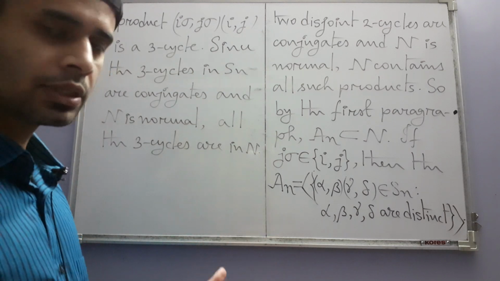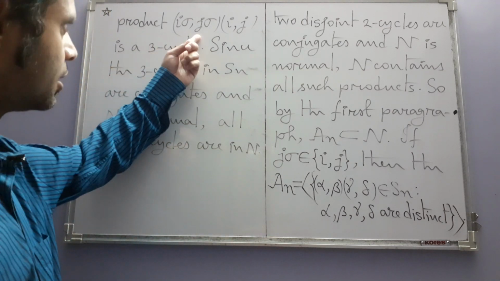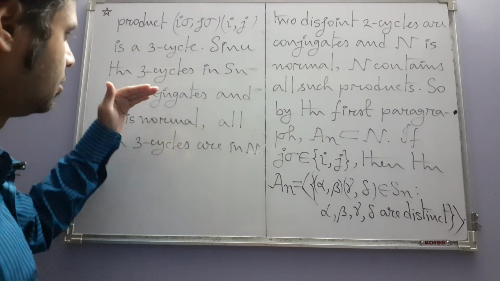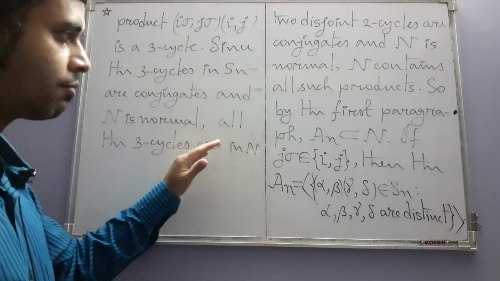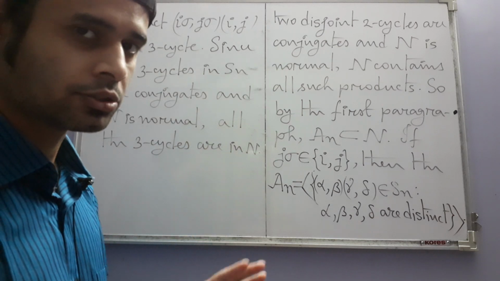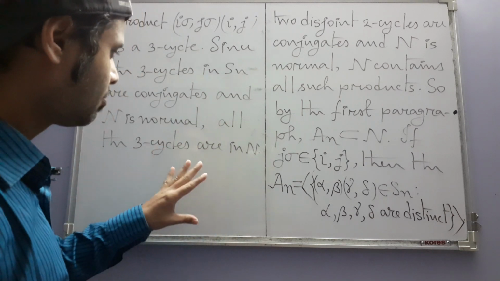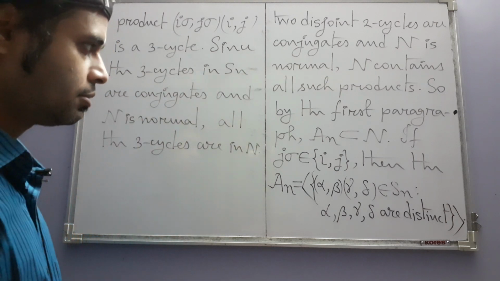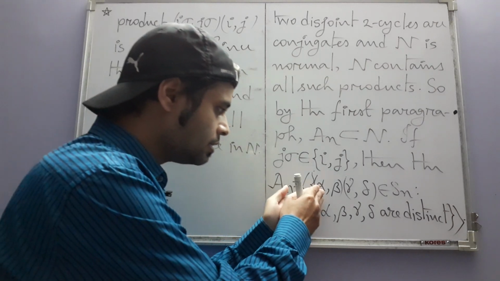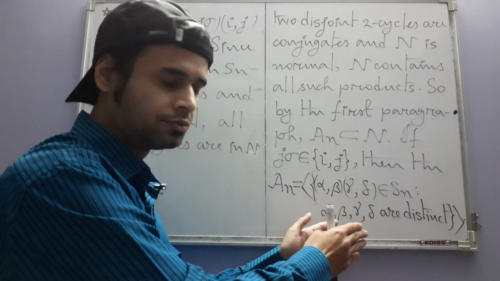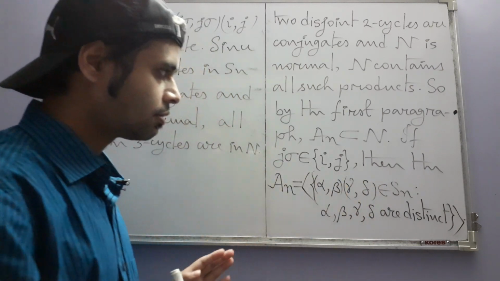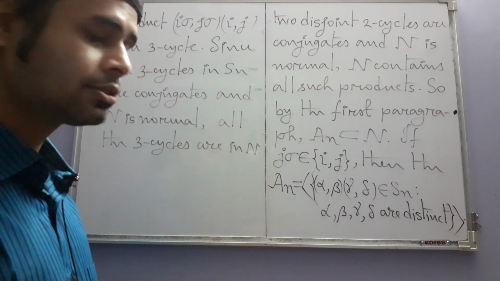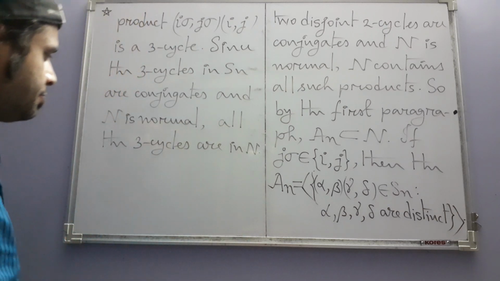because one of the 3-cycles, which is this thing, now it is a 3-cycle, it's there in N. So normality of N and the fact that all the 3-cycles are conjugates to one another imply that all the 3-cycles are now in N. But just like these elements we have proved generate A_n, we already know from a previous exercise that all the 3-cycles also generate A_n.